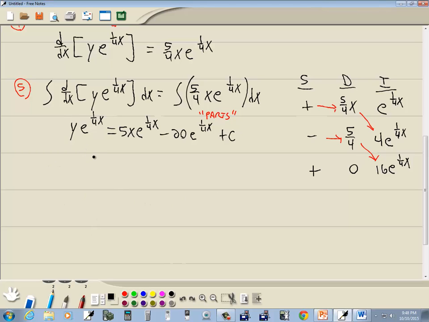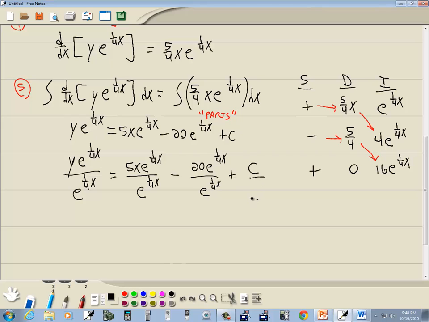Now we're trying to get y by itself, so we're going to divide everything by e to the 1/4 x. So divide this by e to the 1/4 x, minus 20e to the 1/4 x divided by e to the 1/4 x, plus c over e to the 1/4 x.